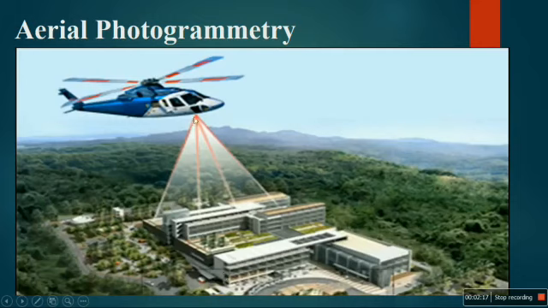The camera is fitted to this plane, and the aeroplane moves with respect to the surveyed area, taking the pictures. This type of method is called aerial photogrammetry. One more example of aerial photogrammetry: nowadays we are using drone cameras.